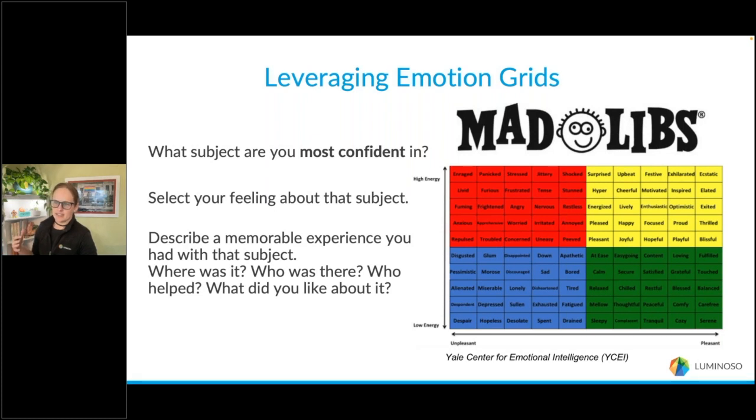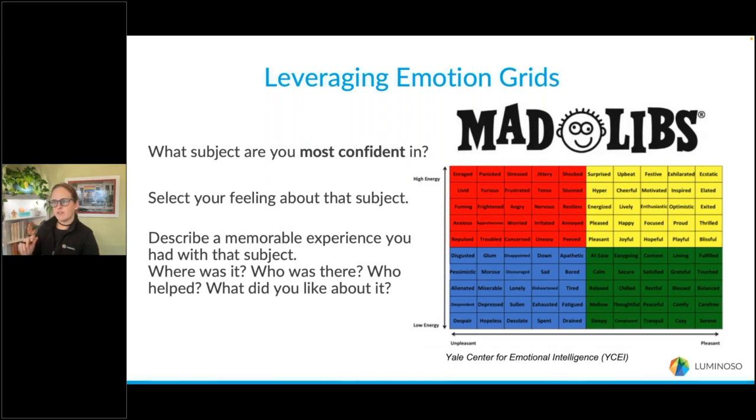Then we would ask the students, well, what subject do you feel most confident in? If it's math, all right, let's figure out how you feel about it according to this chart, and then describe a memorable moment so we can figure out where kids are losing their math interest, gaining their math interest, losing their language interest, gaining their history interest.